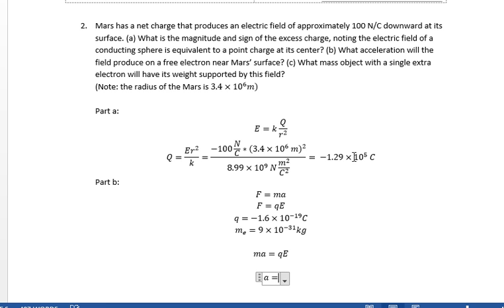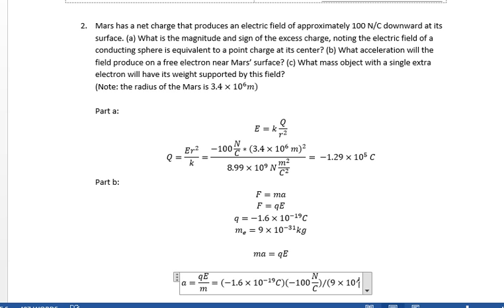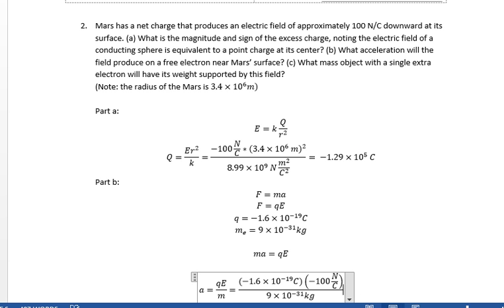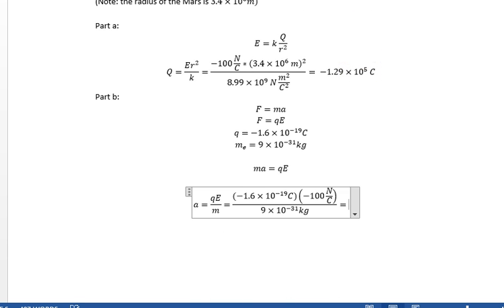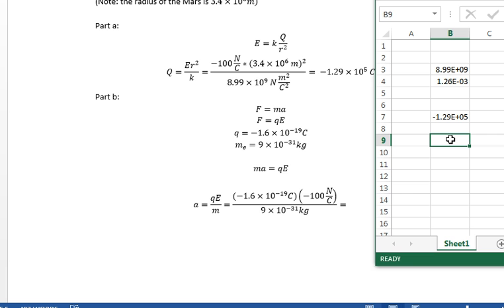The acceleration then is QE over M, which is minus 1.6 times 10 to the minus 19 coulombs times minus 100 newtons per coulomb, divided by the mass of the electron, 9 times 10 to the minus 31 kilograms. Let's go figure out what the acceleration is.